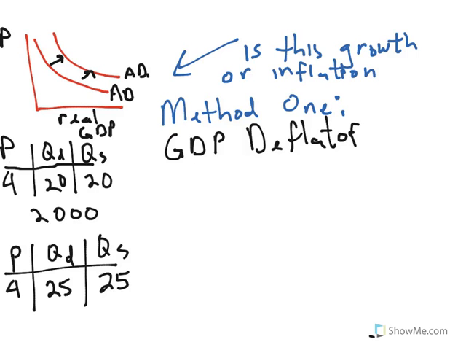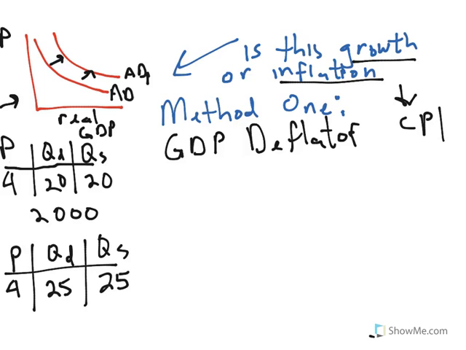So we want to see, is this growth? We're looking here and we can see that aggregate demand has shifted from AD to AD1. Is this growth or inflation? There are two methodologies to measure whether it's growth or inflation. The first method is the GDP deflator, and the second method is CPI.